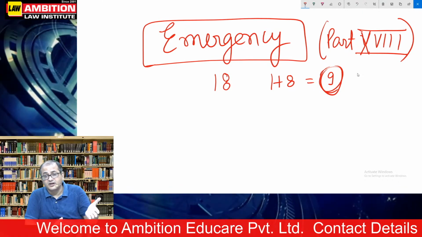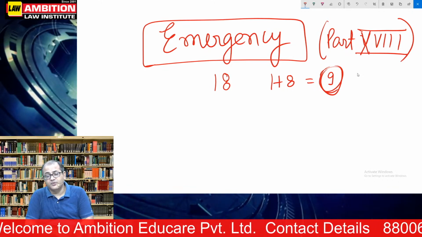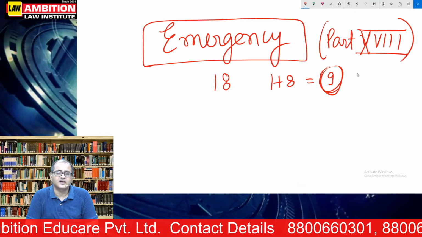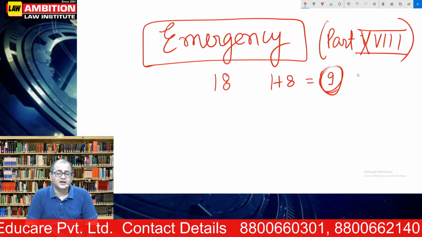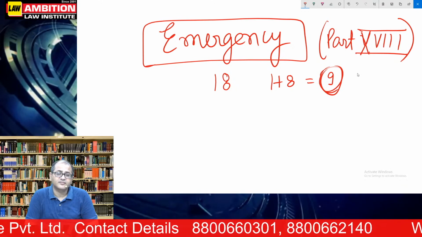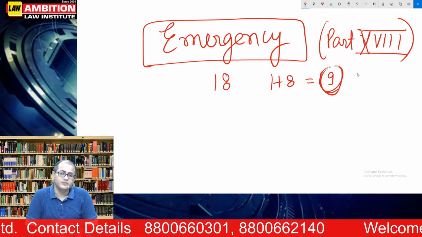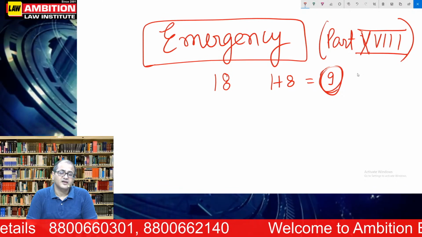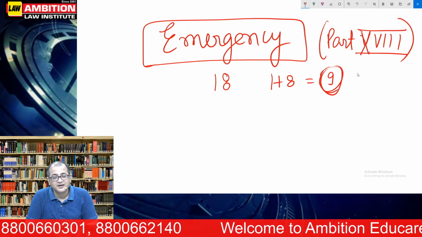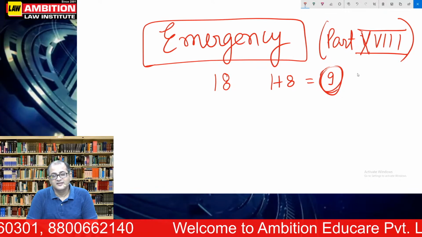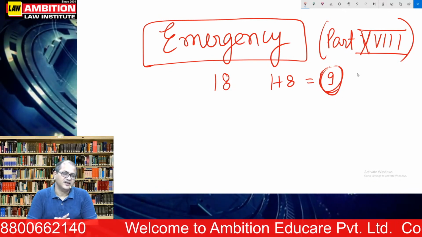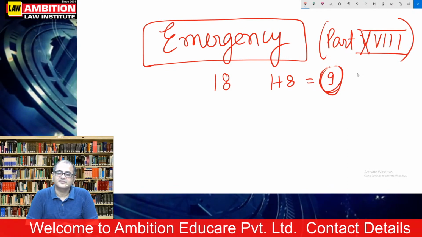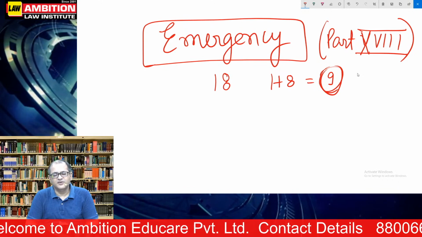One emergency was already in operation, imposed in 1971 on the ground of the Indo-Bangladesh war. Even then you imposed emergency in 1975. Why? So many questions are there. A variety of issues are there.